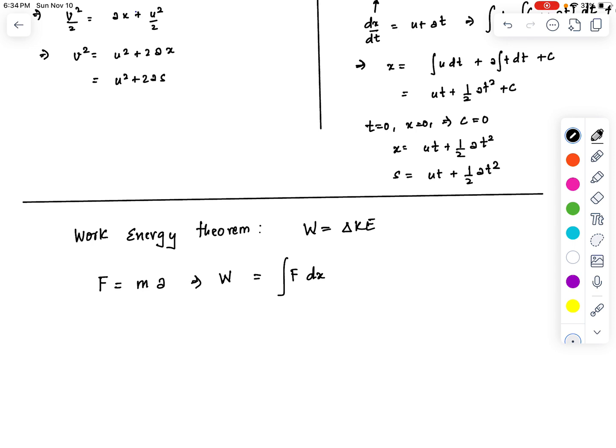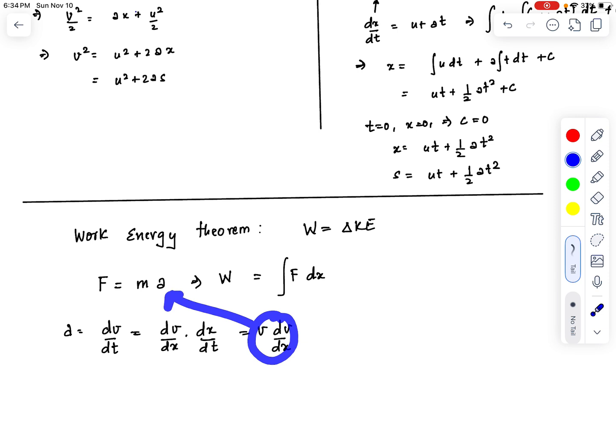So we know that the acceleration is dv over dt, and so we rewrite this using the chain rule as dv over dx and dx over dt, which is v dv over dx. Okay, that's what we have seen before. So we take this and plug it into this expression.